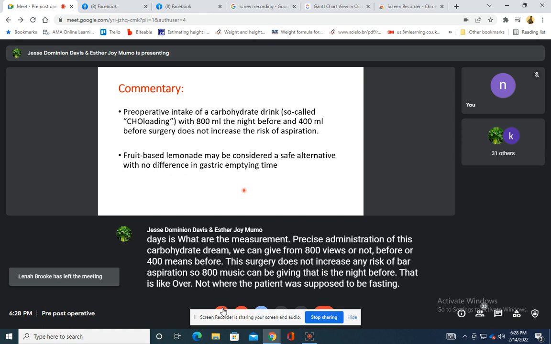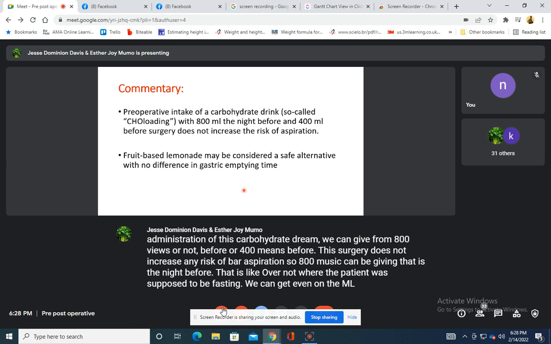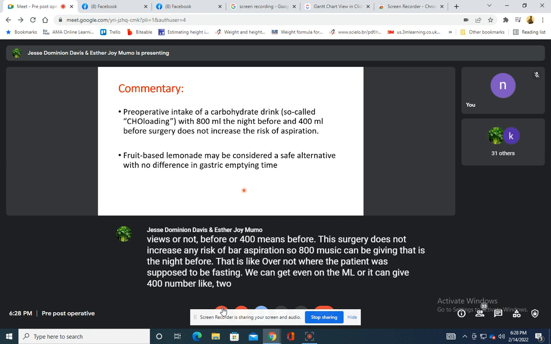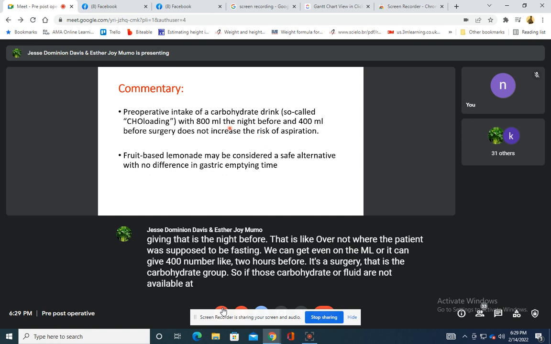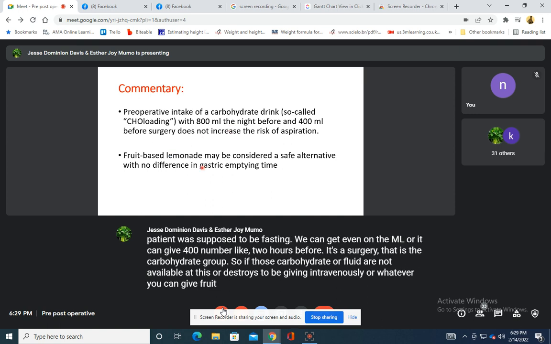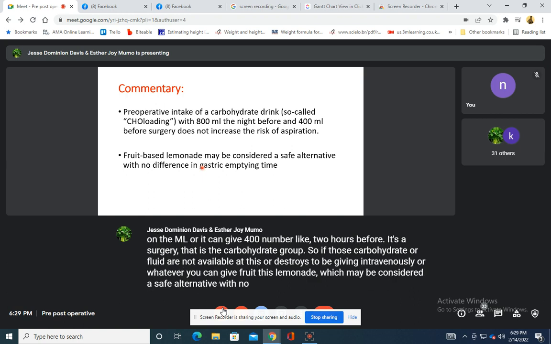They can give the 800 mL, or they can give 400 mL like 2 hours before the surgery. That is the carbohydrate load. If those carbohydrate fluids are not available, or dextrose to be given intravenously or whatever, you can give fruit-based lemonade, which may be considered a safe alternative with no difference in gastric emptying time.